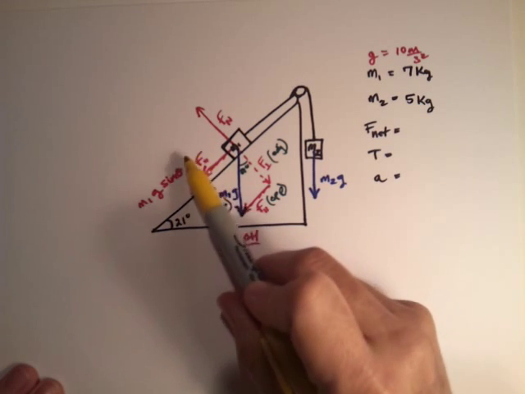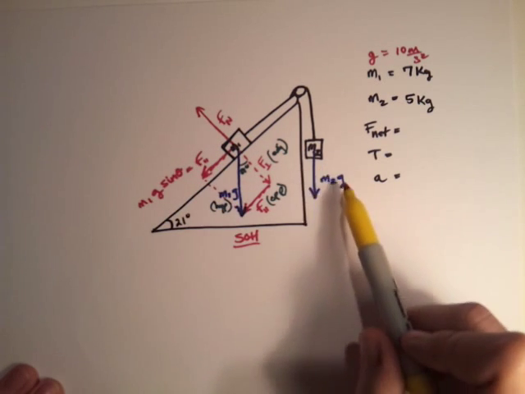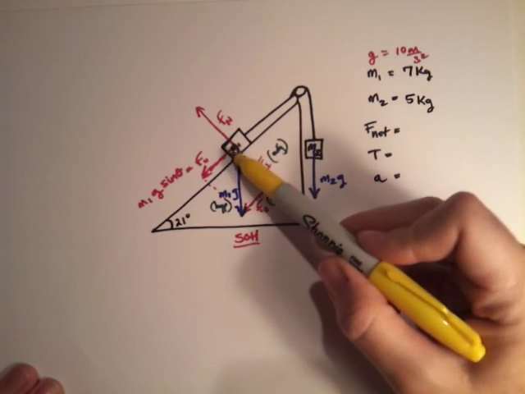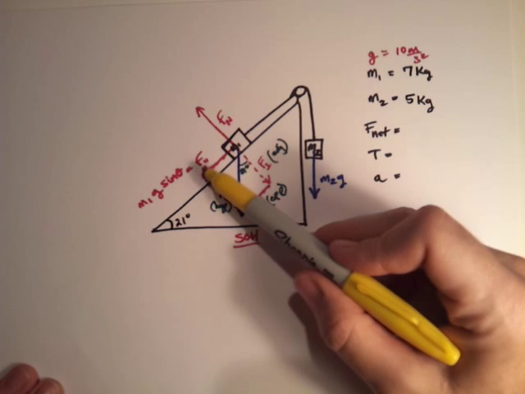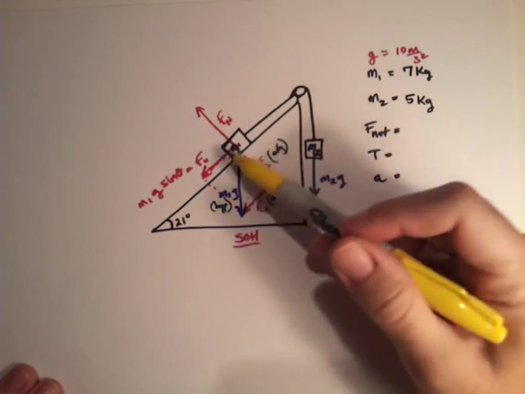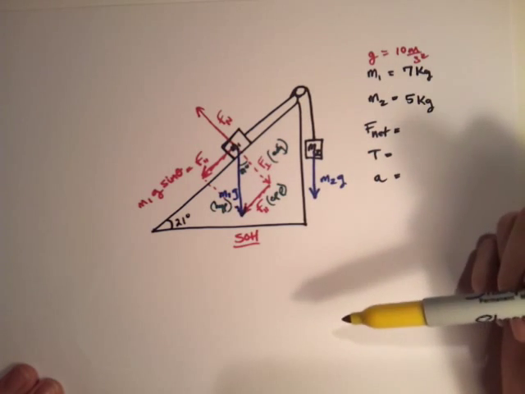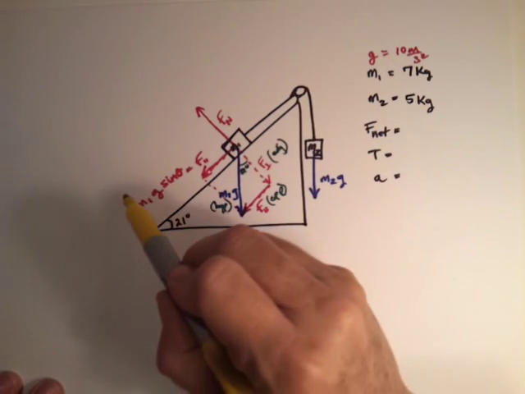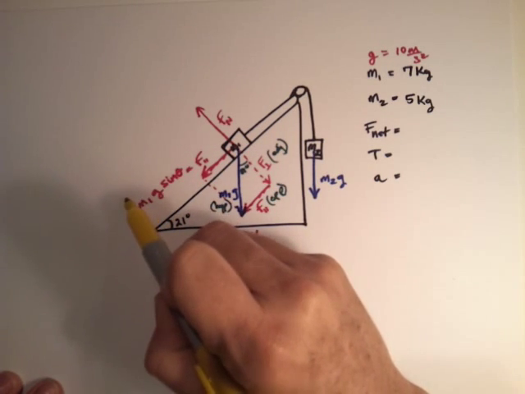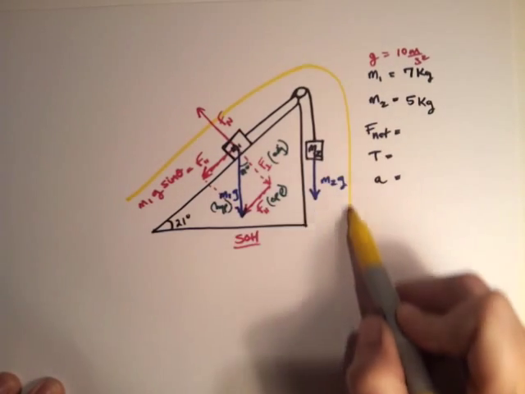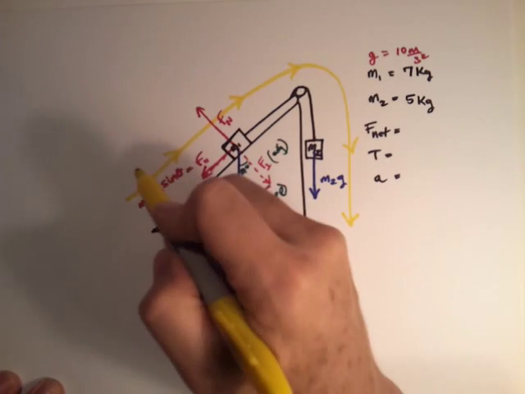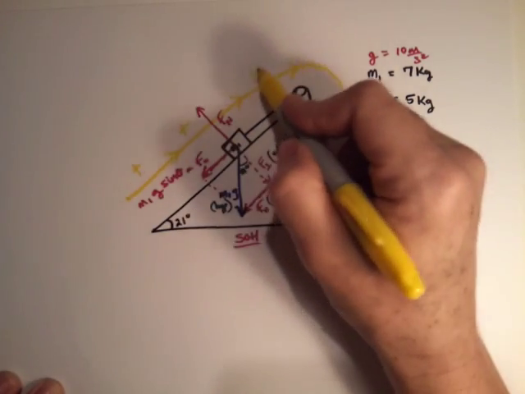You also know that if this F parallel is equal to this weight, it is not going to move, even on a friction-free surface. We also know that if this F parallel is less than this weight, it will actually come down this way, up and over. So I'm not going to do that calculation yet, but I'm just going to go ahead and define my system this direction, and I'm going to say that is positive.